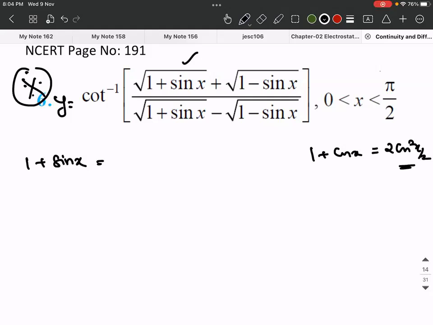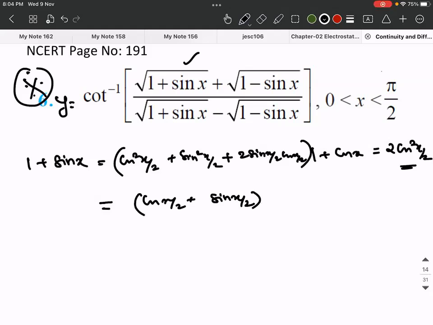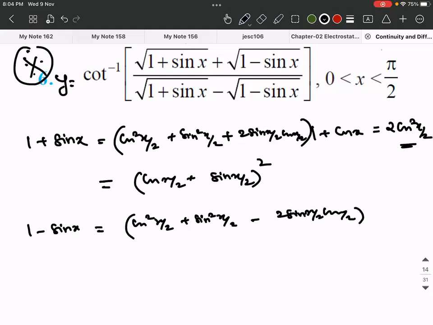Whereas when you have 1 plus sin x, write this as cos square x by 2 plus sin square x by 2 plus 2 sin x by 2 cos x by 2. And this will be equal to cos x by 2 plus sin x by 2 the whole square. Similarly, whenever you have 1 minus sin x, you can write it as cos square x by 2 plus sin square x by 2 minus 2 sin x by 2 cos x by 2. And that will be cos x by 2 minus sin x by 2 the whole square.